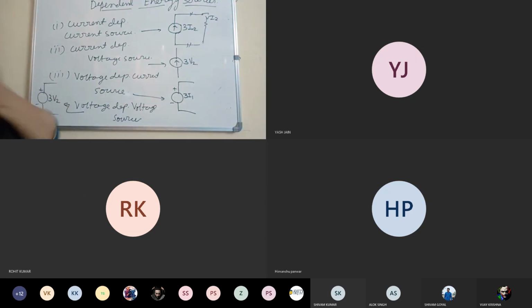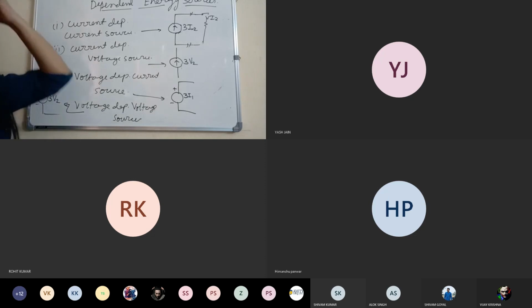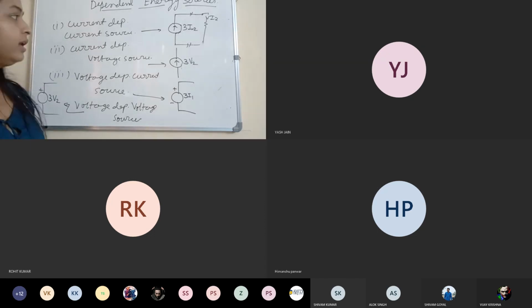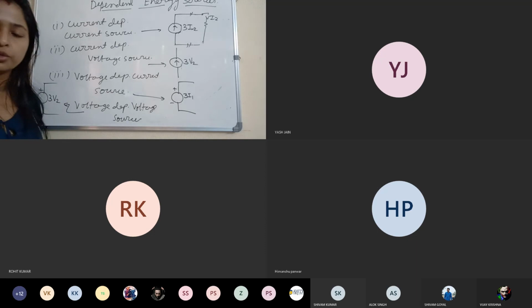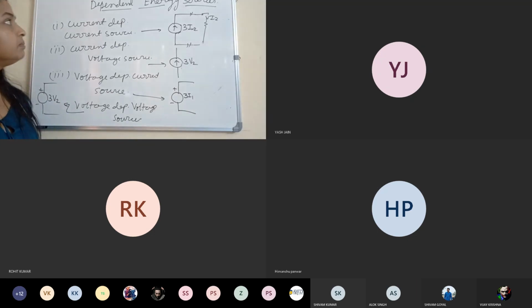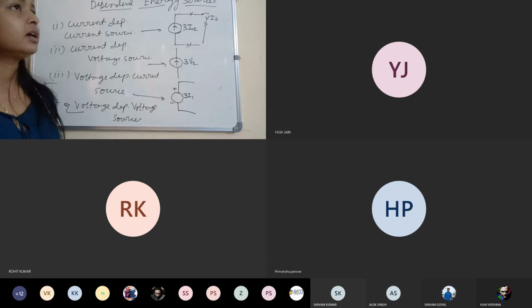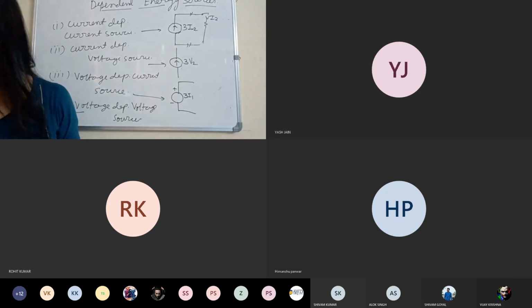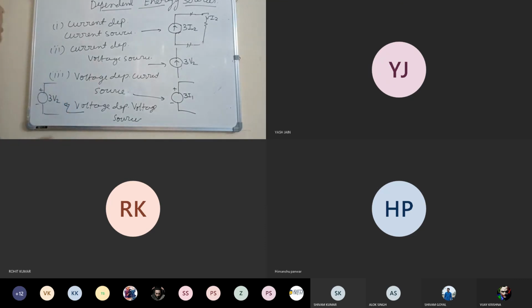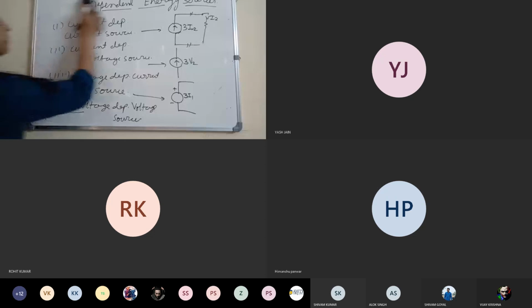Okay, so I think we have considered bipolar and unipolar components, bilateral and unilateral components, active and passive components, and today we have seen all energy sources. For energy sources we have considered dependent and independent energy sources, and the node and junctions we have seen, and I think we have covered almost all topics.